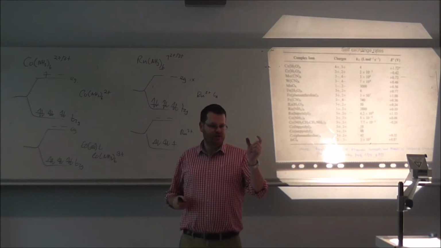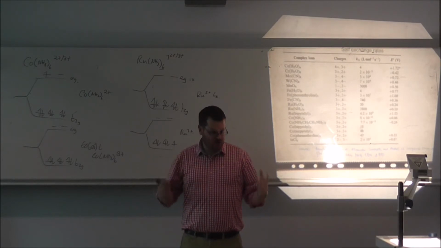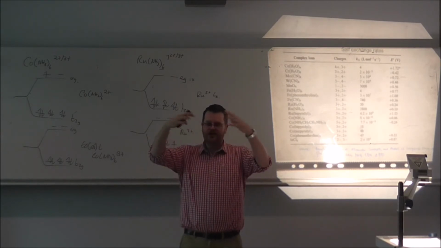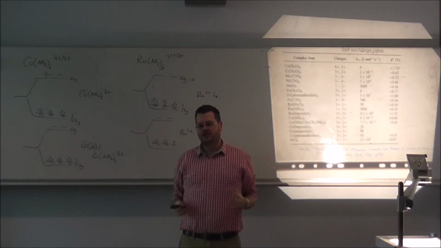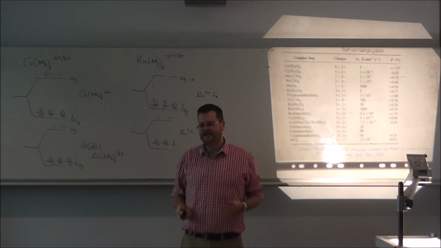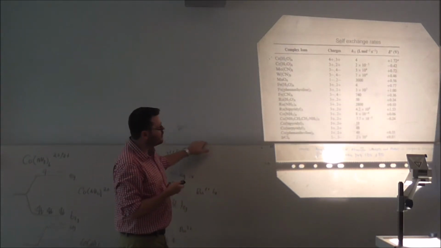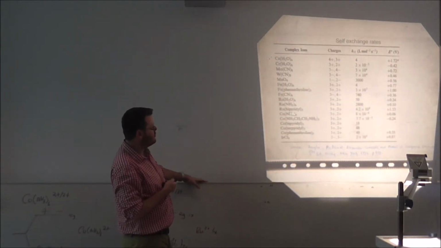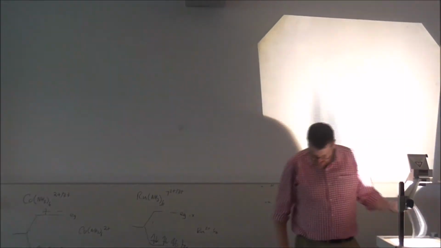That's going to change the cobalt-oxygen bond length, which is going to require energy. And it's going to move all the water molecules in the solvent cage around the molecule, which is also going to require energy. It needs more energy, structural reorganization. And that is why it has such a comparatively low rate constant, several orders of magnitude lower.